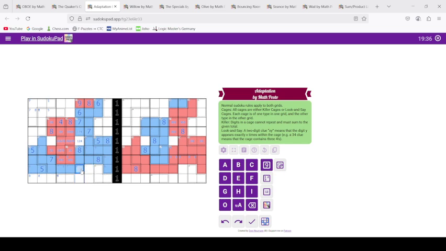This is not a 7 anymore. Well, it could never be a 7. This is not a 9, so this is a 9. 9 is one of these four cells.